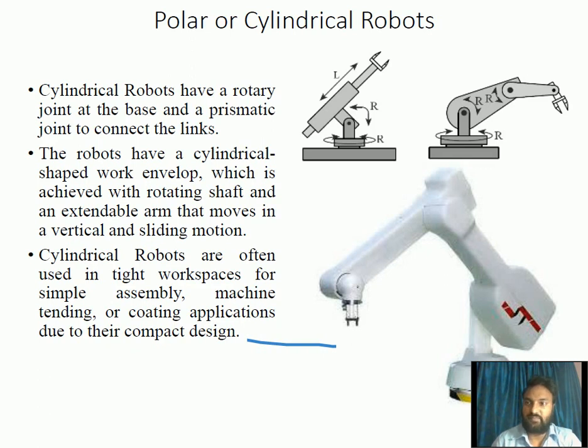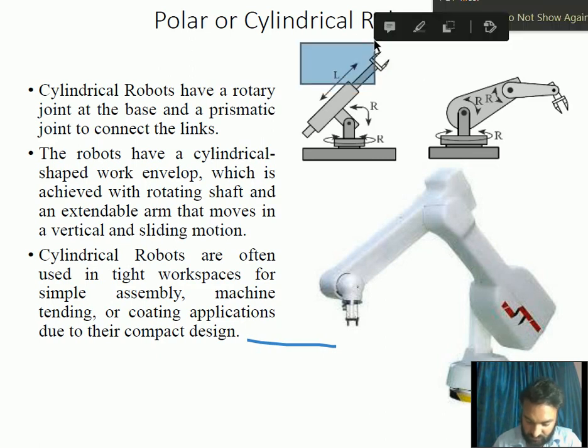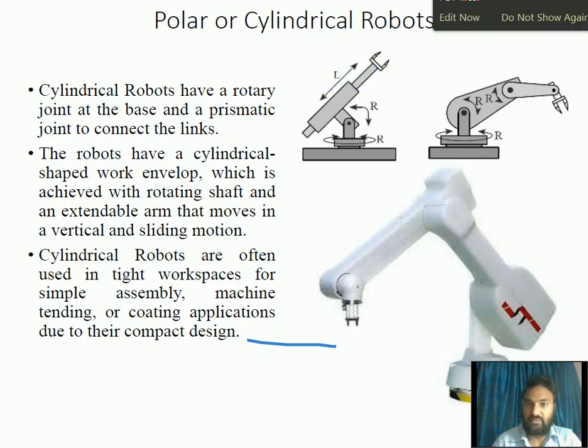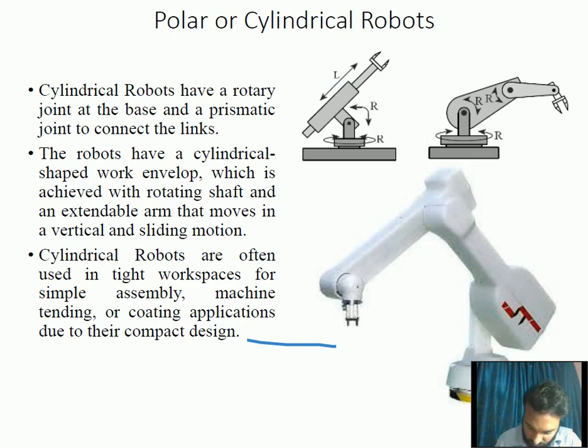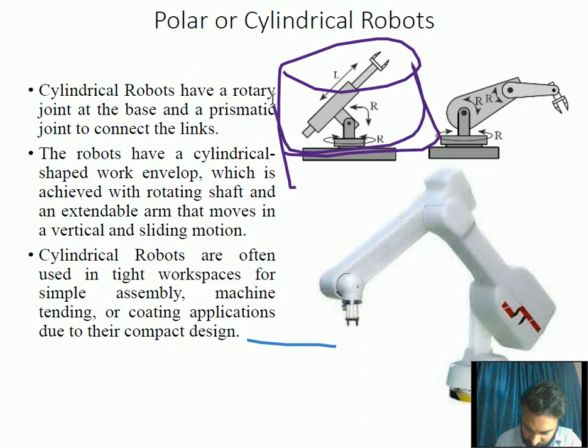Okay, next, whatever work envelope it can achieve, as it has polar coordinates, it is able to achieve this cylindrical work volume. Cylindrical work envelope, more precisely. So this work volume it can achieve.